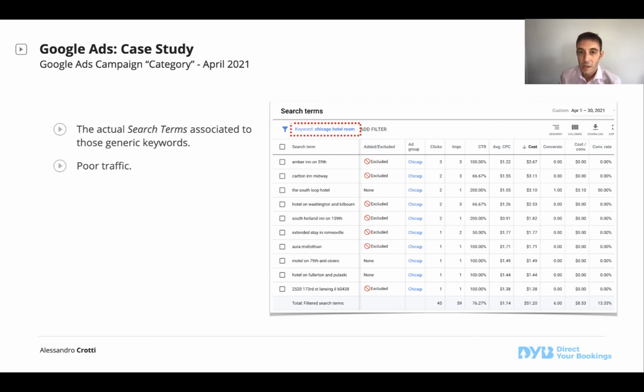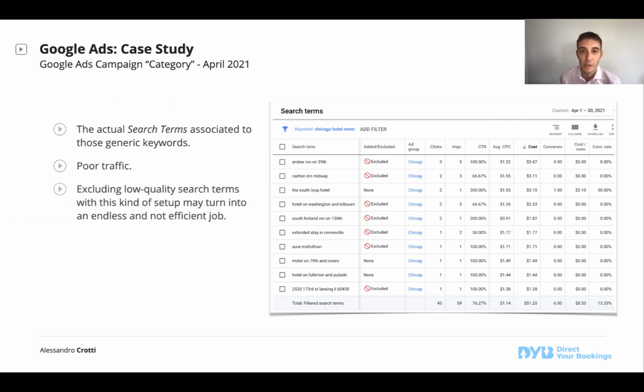And as you can see, whoever was managing the ad account of this hotel had the idea of excluding these search terms as soon as they saw them triggering those keywords, since they were not of any interest for the hotel. So essentially they added them as negative keywords.